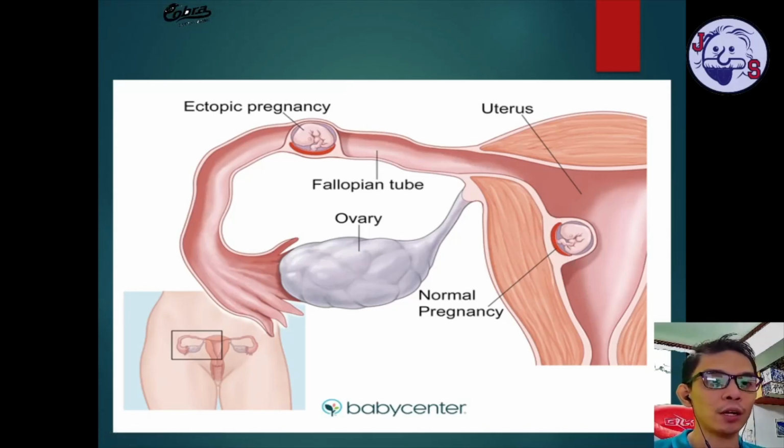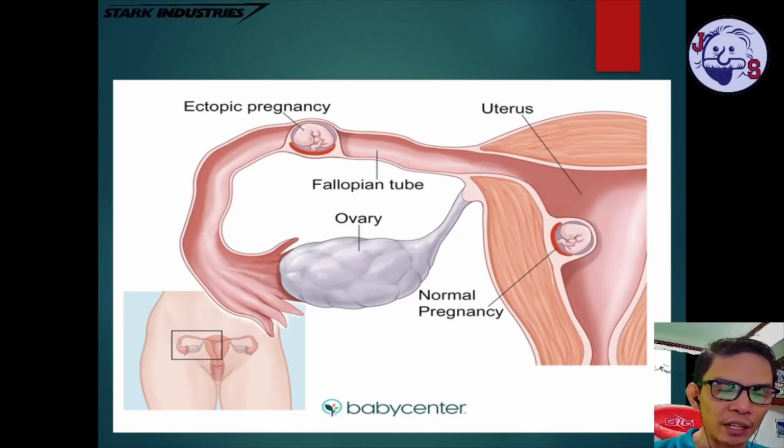So most of the offspring born in an ectopic pregnancy are premature. That is the problem there.